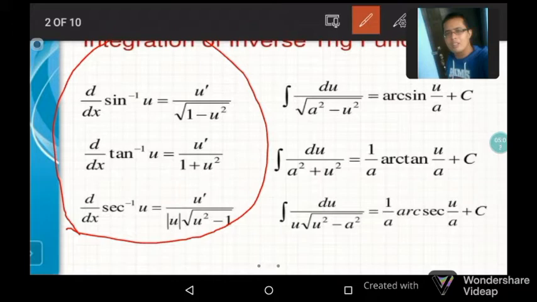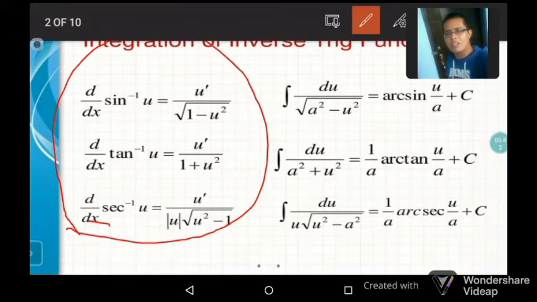Okay, ang u natin is a combination of constant and variable, no? And derivative of arcsecant of u, which is u prime over absolute value of u, square root of u squared minus 1. So itong tatlong formulas na to, ito yung kanilang equivalent inverse trigonometric derivative.